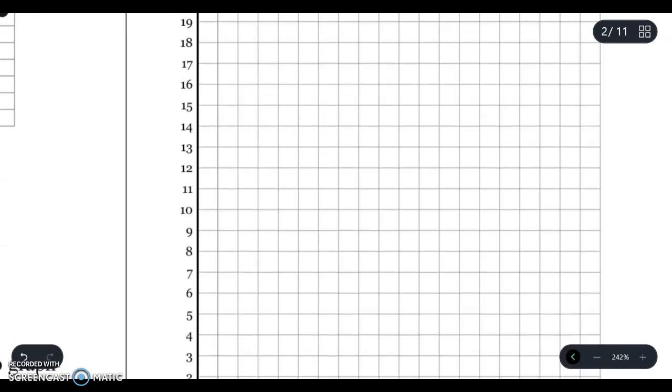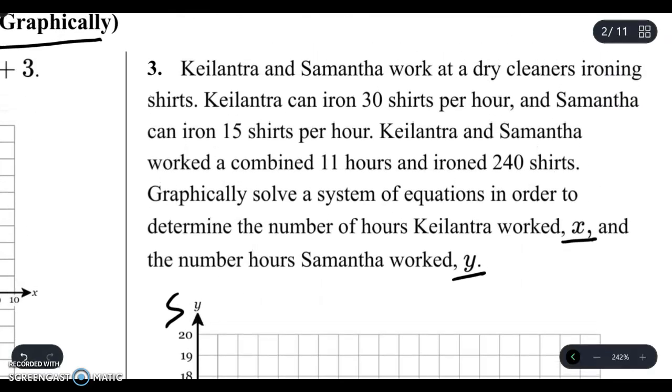Alright, so what we've got to do now is write the two equations. Kay irons 30 shirts per hour, and Sam irons 15 shirts per hour. Kay and Sam work a combined 11 hours and get 240 shirts.